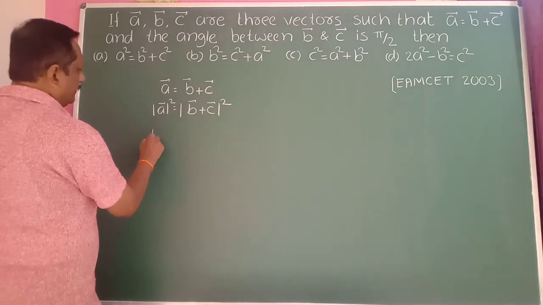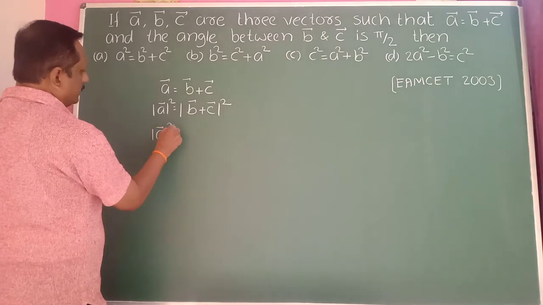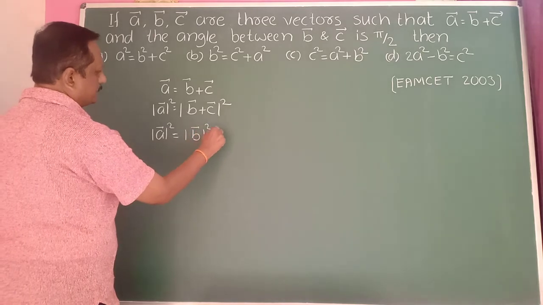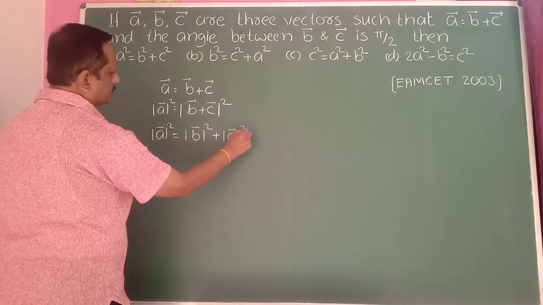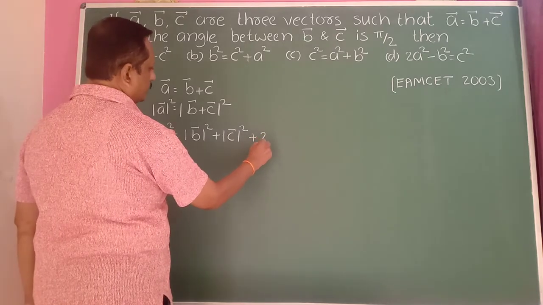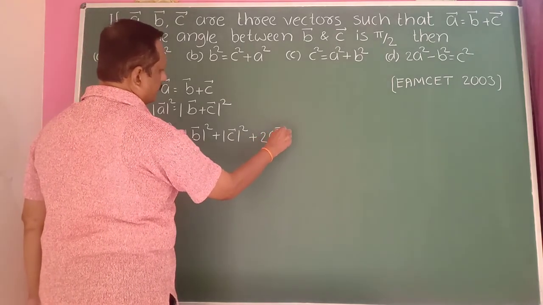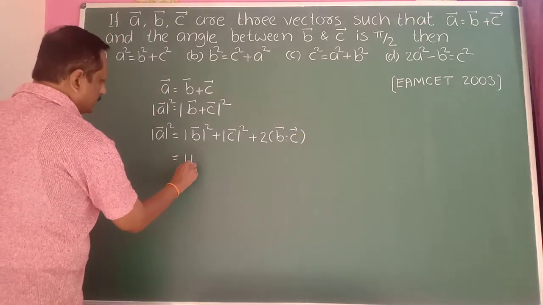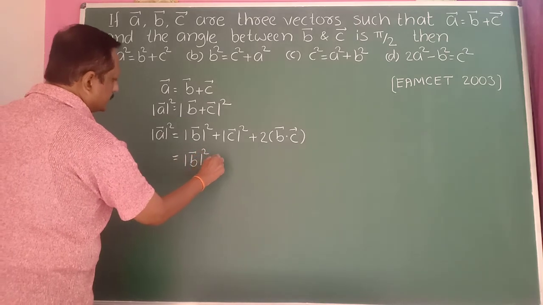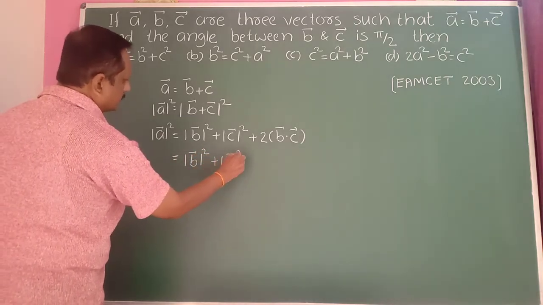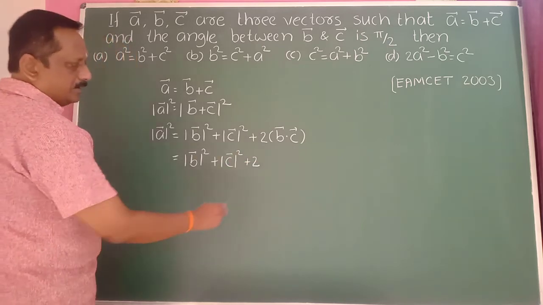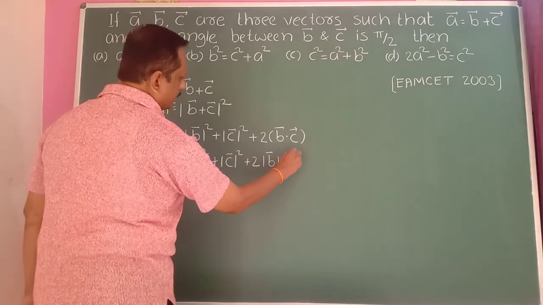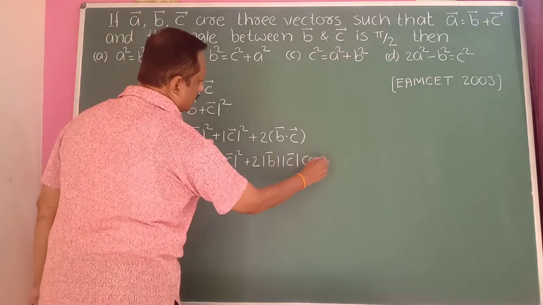Taking modulus and squaring on both sides, the modulus of A bar square is equal to, by expansion, modulus of B bar square plus modulus of C bar square plus 2 into B bar dot C bar. B bar dot C bar, according to the definition, is modulus of B bar into modulus of C bar into cos theta.